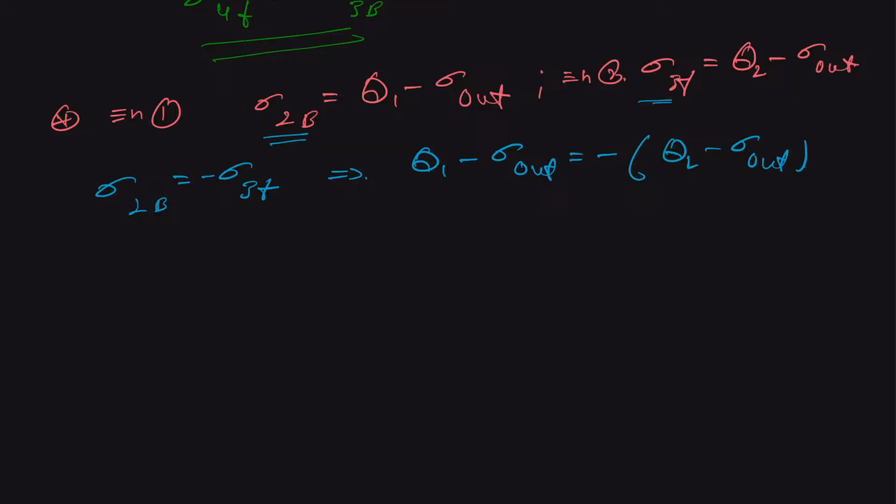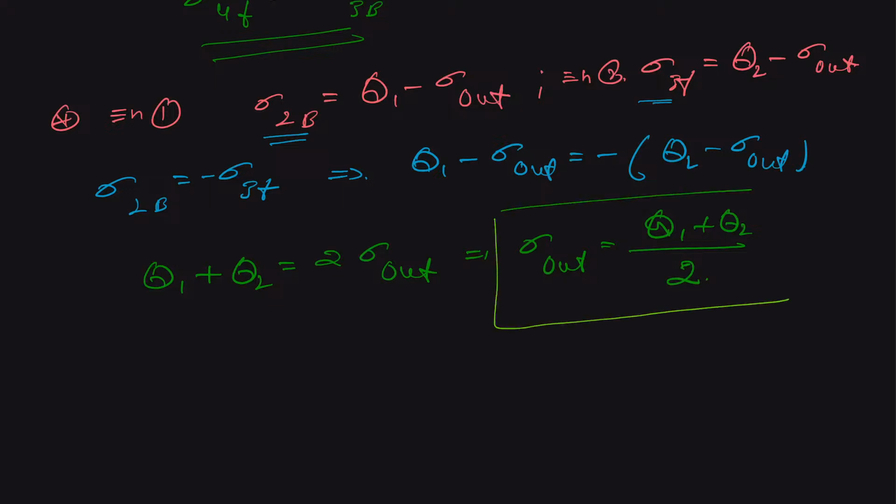So from here we get that Q1 plus Q2 is equal to 2 times the outer part, or the charge density for the outer is equal to (Q1 plus Q2) divided by 2. So this is one of the solutions.